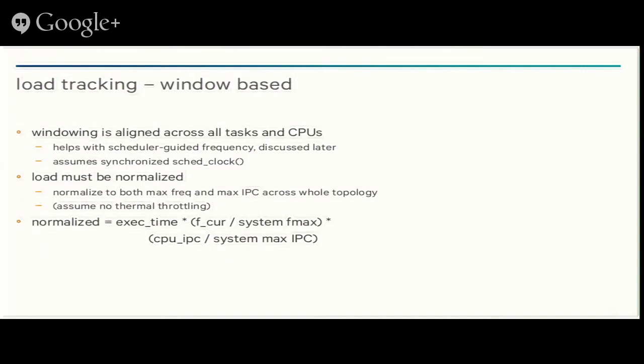For the scheduler-guided frequency, which I'll get to a little bit later, you do need to aggregate the demands, and there is the issue that, if you have an internally synchronous cluster, your recommendations to the governor may want to take that into account. Do you want to waste time notifying the governor if you see a CPU in a cluster that's under-provisioned, but another CPU in that same cluster is the one driving the demand?